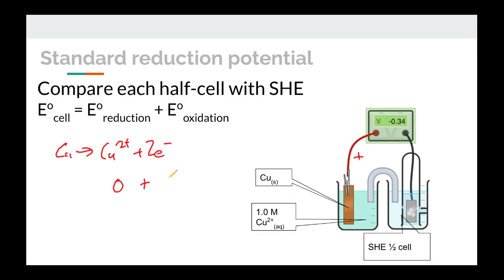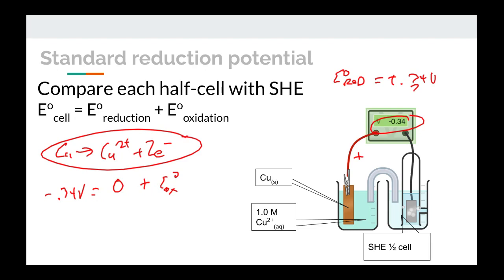The oxidation potential for copper is what's reading on the voltmeter, which is negative 0.34 volts. But remember, it's reduction potential that we put in these tables, so that would be positive 0.34 volts, because this is not the reaction that's happening. It's actually the reverse of this reaction, so we change the sign of the reduction potential.